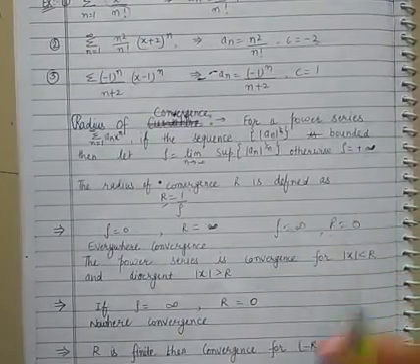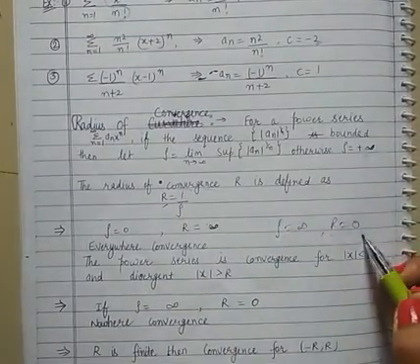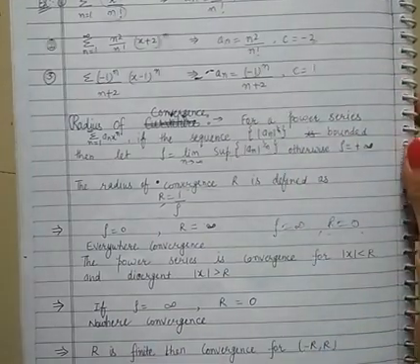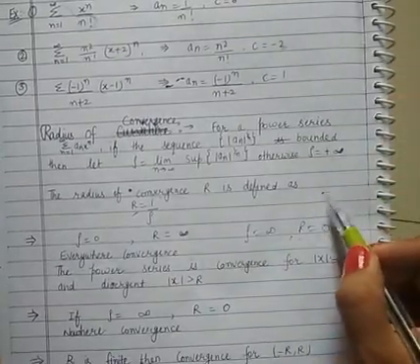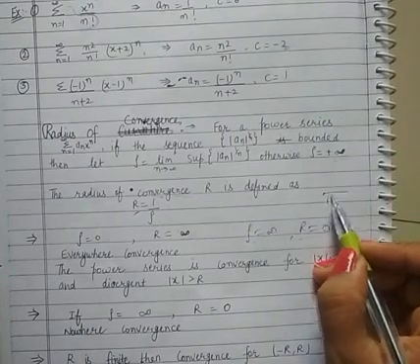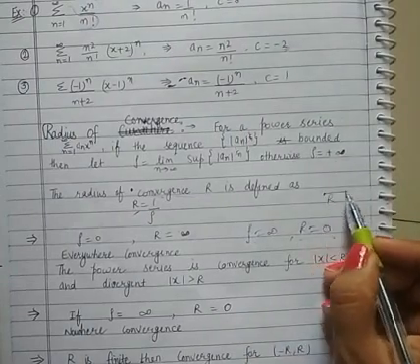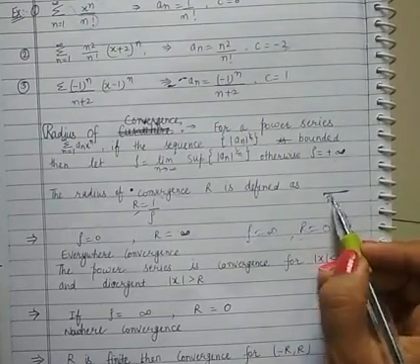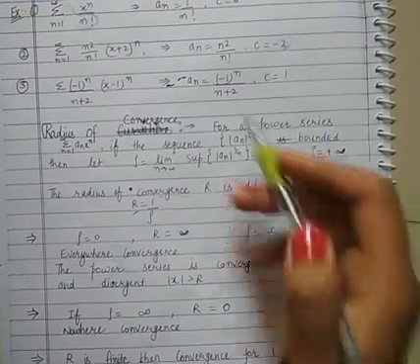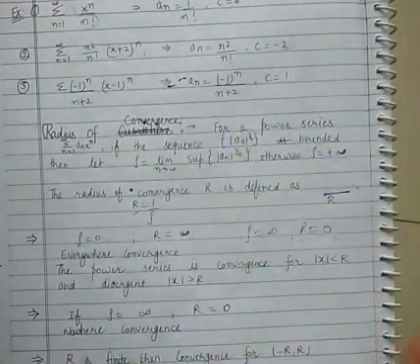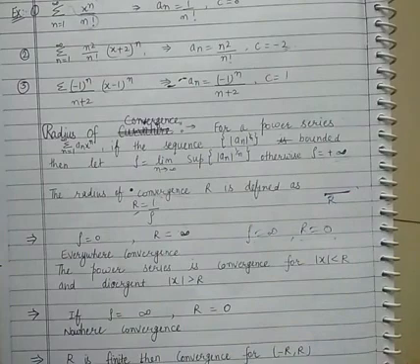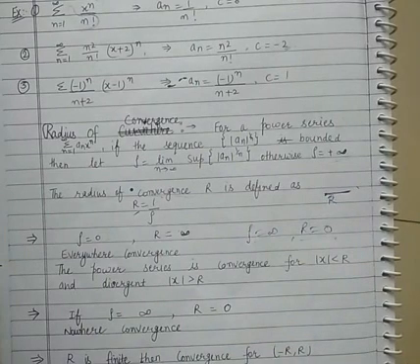R is 0 means zero radius of convergence. Now this radius of convergence is a number. It gives you a region where your power series will converge. We'll learn it in the next topic.